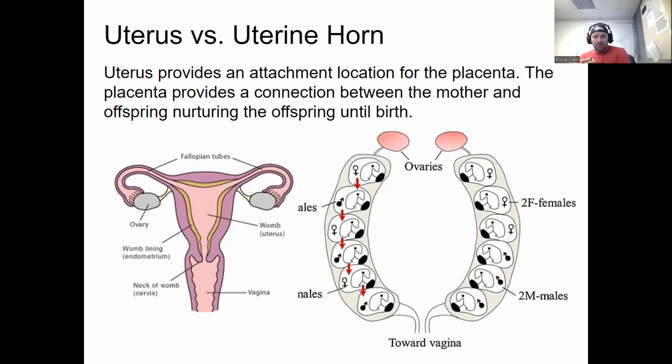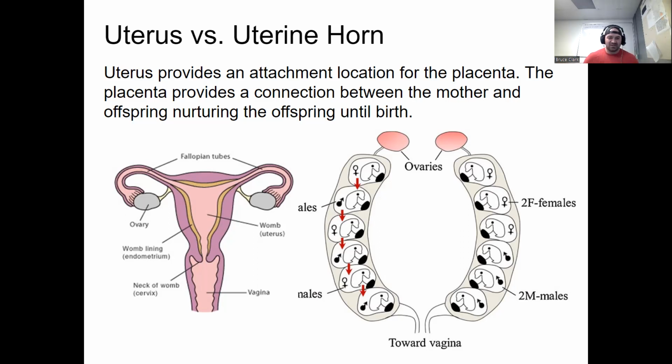And once again, this is a unique mammalian characteristic. Other animals just lay eggs, and then that's their birthing process. Mammals will actually develop that embryo inside of the mother and give birth to a fairly well developed offspring.